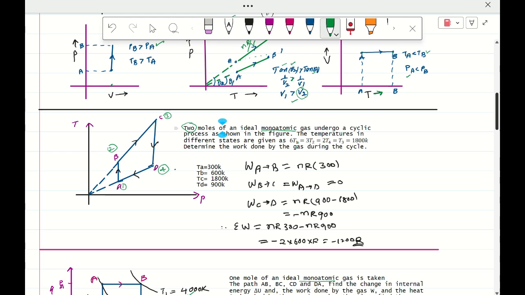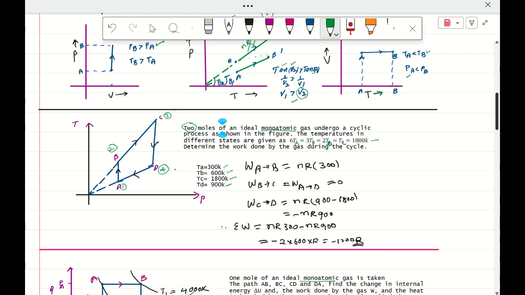That means Ta, 2Ta, 6Ta, 3Ta, 2Td, and Tc is equal to 1800 kelvins. That means Ta is equal to 300 kelvins, Tb is equal to 600 kelvins, Tc is equal to 1800 kelvins, and Td is equal to 900 kelvins. Temperatures of those points. Other than that no values are given.